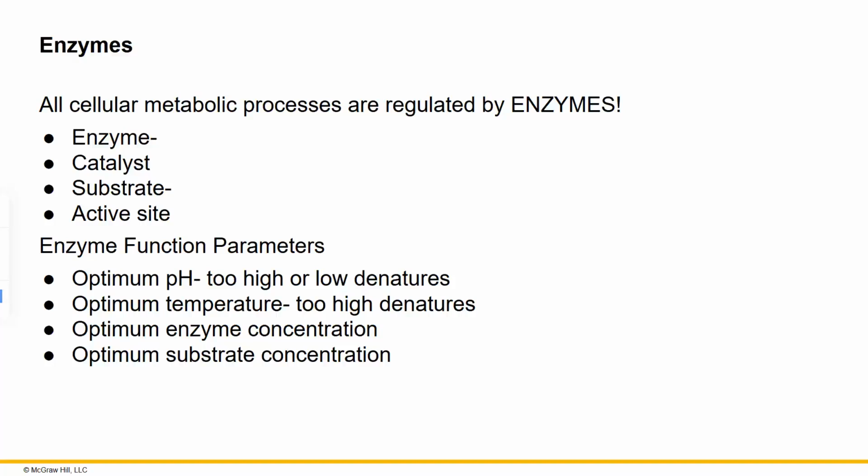So a denatured enzyme is a useless enzyme. It's a non-functional enzyme. Now, if it's brought back into the correct pH, it'll fold back up and it'll be functional. But it depends on the pH of the environment of how it's going to fold.